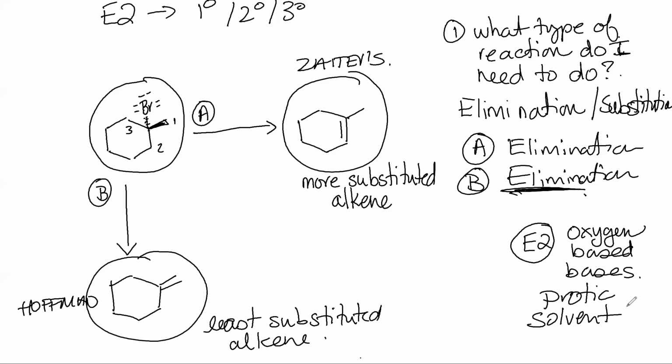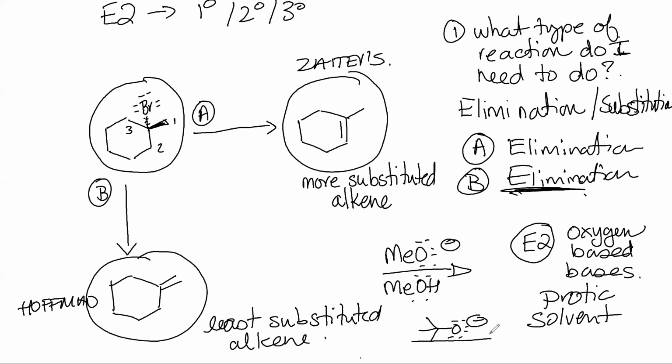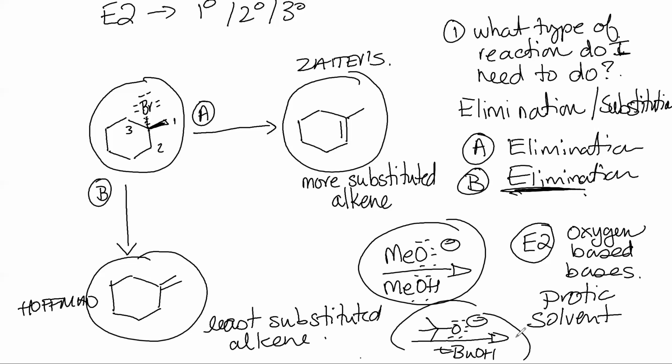It's going to be the conjugate acid of them. So if we're using methoxide, which is a strong base, we are going to do this in methanol. If we are going to use tert-butoxide, we are going to use this in tert-butanol. And these two could be used repeatedly to do what you want to do.